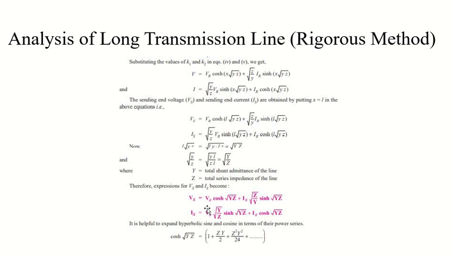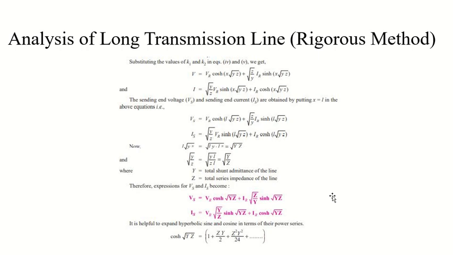That will be my value of Vs. And for Is, we will get Is equals Vr √(Y/Z) sinh(√(YZ)) plus Ir cosh(√(YZ)). Okay, so that will be the value of my sending end voltage and sending end current.